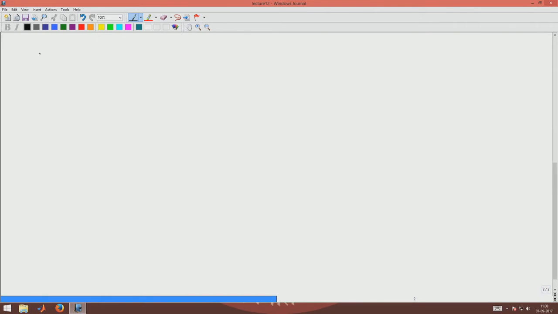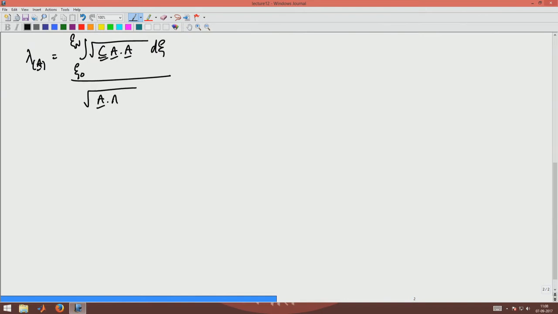Okay. So, we had lambda of A as integral psi 0 to psi n square root of c times a dot with a d psi divided by square root of a dot with a integrated from psi 0 to psi n d psi.